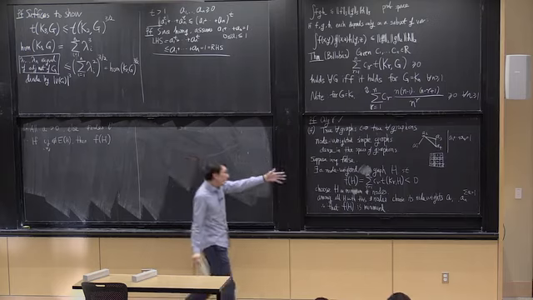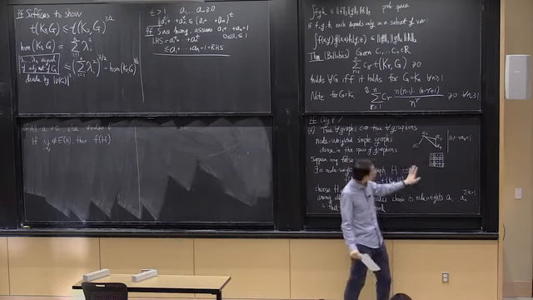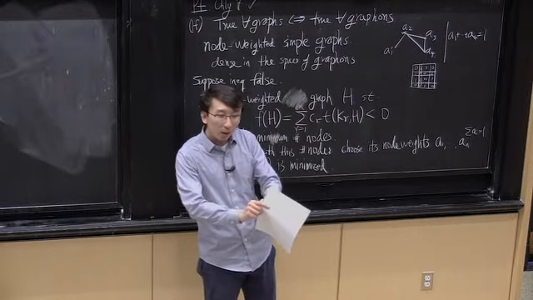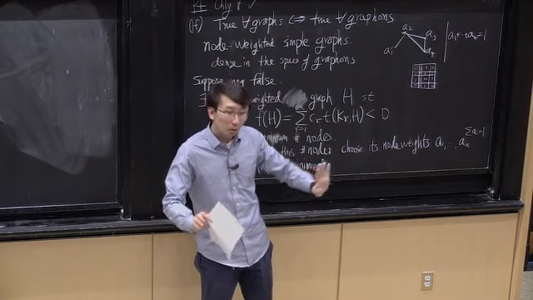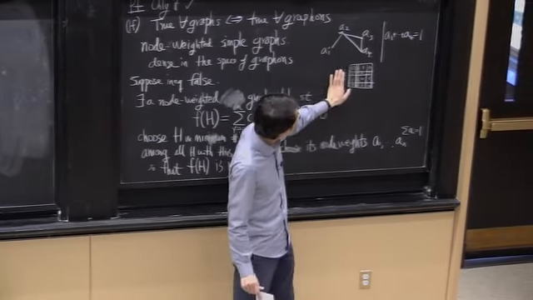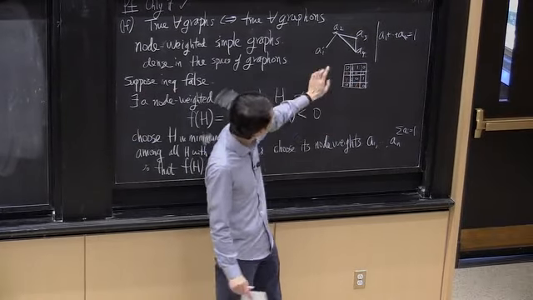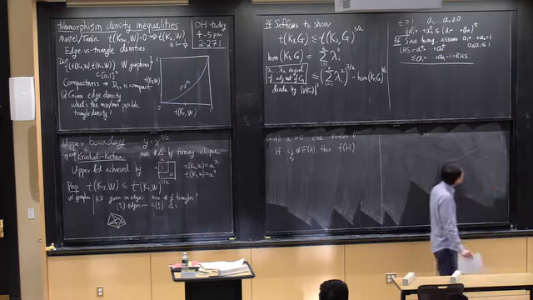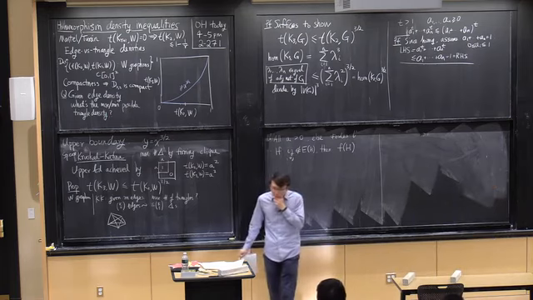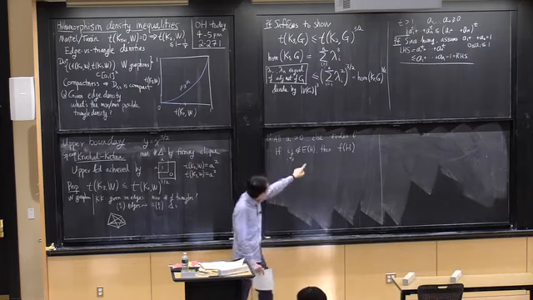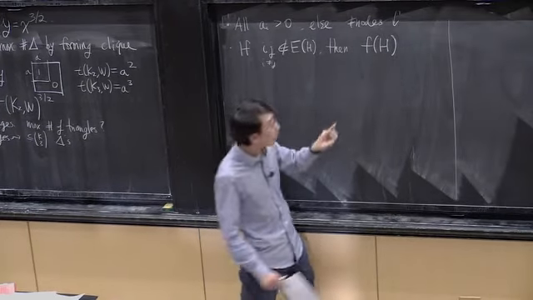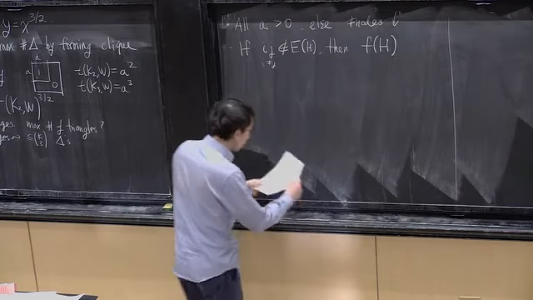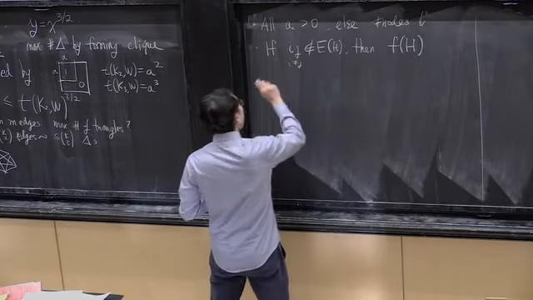You have this graph H, and I'm looking at the clique density. It's some polynomial in these node weights. In fact, it's multilinear. So I want to understand what is the shape of this polynomial as a function of the node weights, and observe that it has to be multilinear.